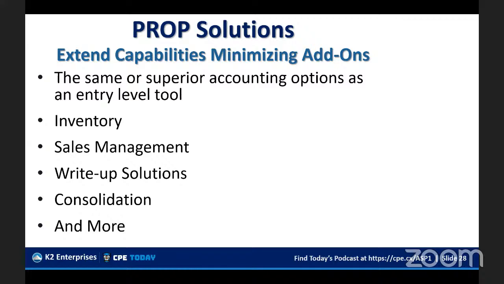And if you don't mind me saying, one of the unique ideas that we did for the write-up solution was we came up with a term called bank-based accounting, which is basically take those statements you're talking about in your shoebox.